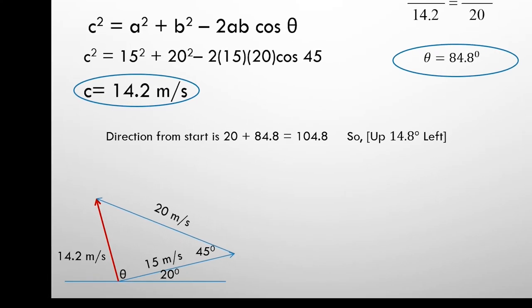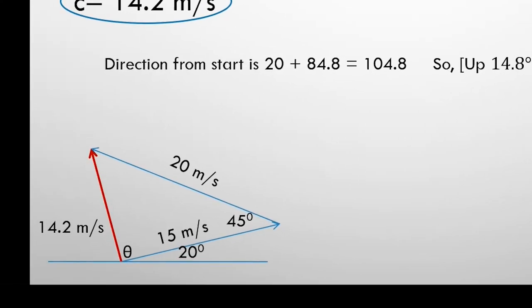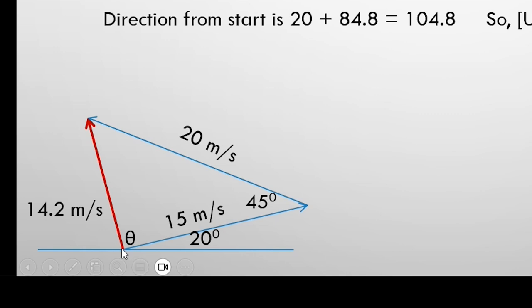Continuing with this, we can then say that the direction from the start here is going to be that 84.8 degrees, which is this angle, plus the 20 degrees we already had down here. So the total from this horizontal up to the red vector is 104.8 degrees.